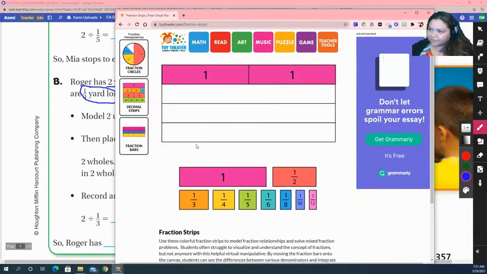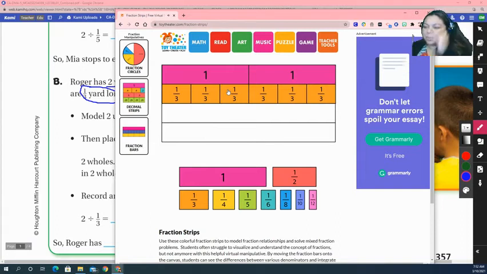So when we divide fractions, I'm dividing by 1/3, so I get my 1/3 fraction strips, and I just place enough 1/3 strips under the dividend to see how many fit, and that's how many 1/3 fraction strips go under the 2.